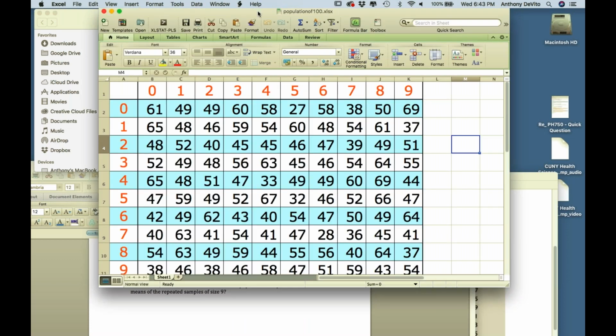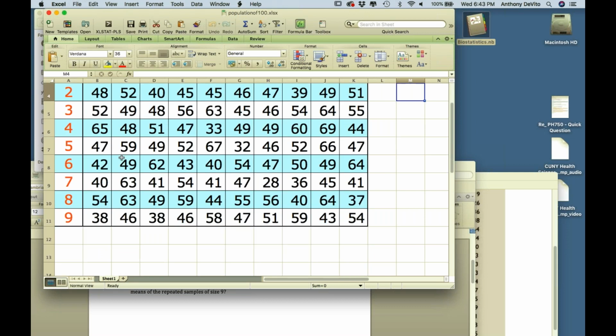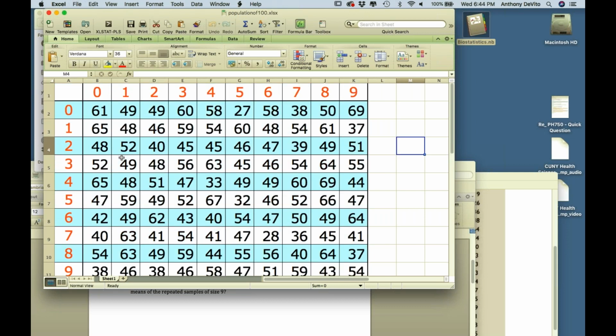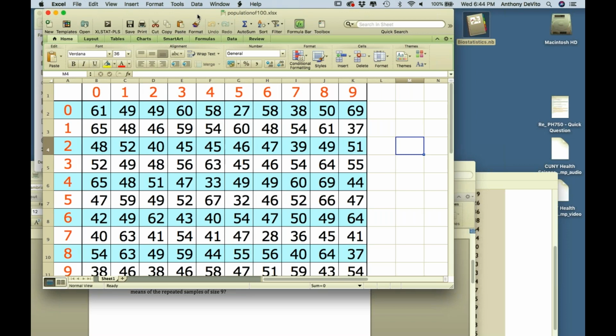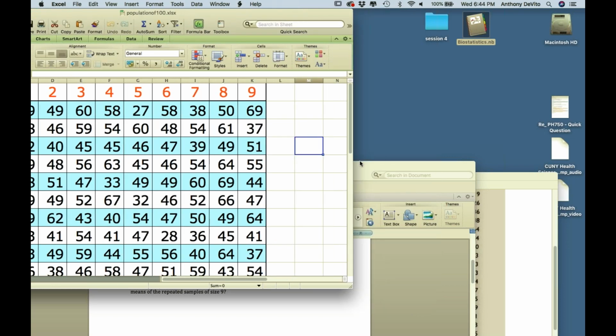There's the table. So instead of finding the mean and standard deviation for all of these 100 people, I'm instead going to take a random sample of size 4 from this population.